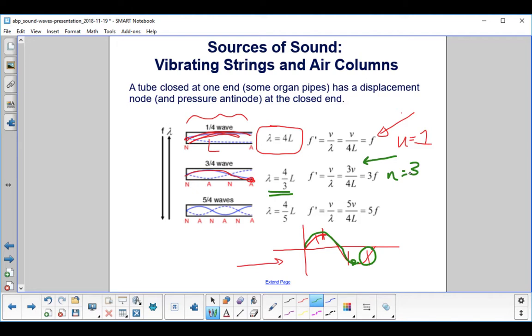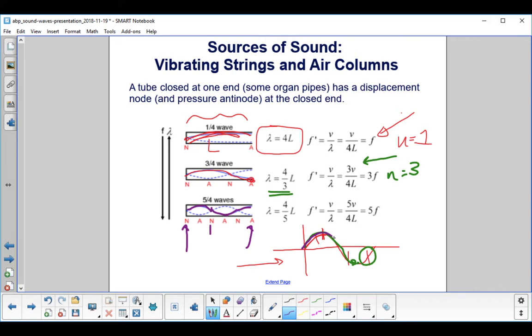And let's change the color, and we'll go to purple here. We need again to have a node at one end and an antinode at the other. So we go up, down, we find one antinode there. Here's another antinode. We keep going. We want to find another antinode because it's open on that side. And in this case, it looks like we fit 5/4 of a wave inside this pipe.